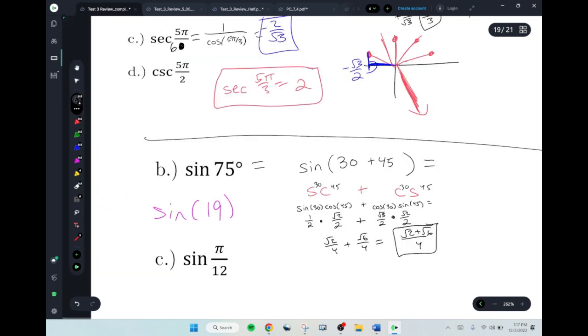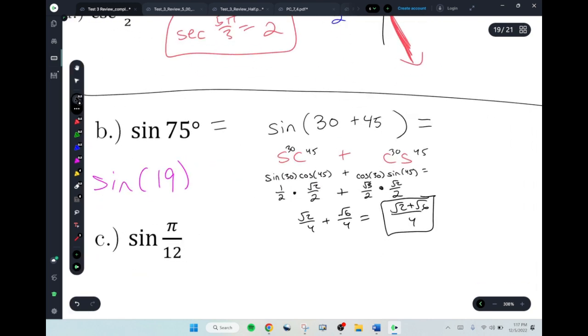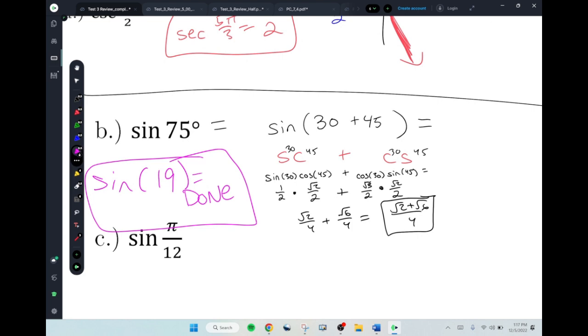Happy camper. That's really important. Sine of 19, can't do. Sine of 75, super possible. Note for radians, unless you love adding and subtracting fractions, just convert the radians to degrees and solve the problem.